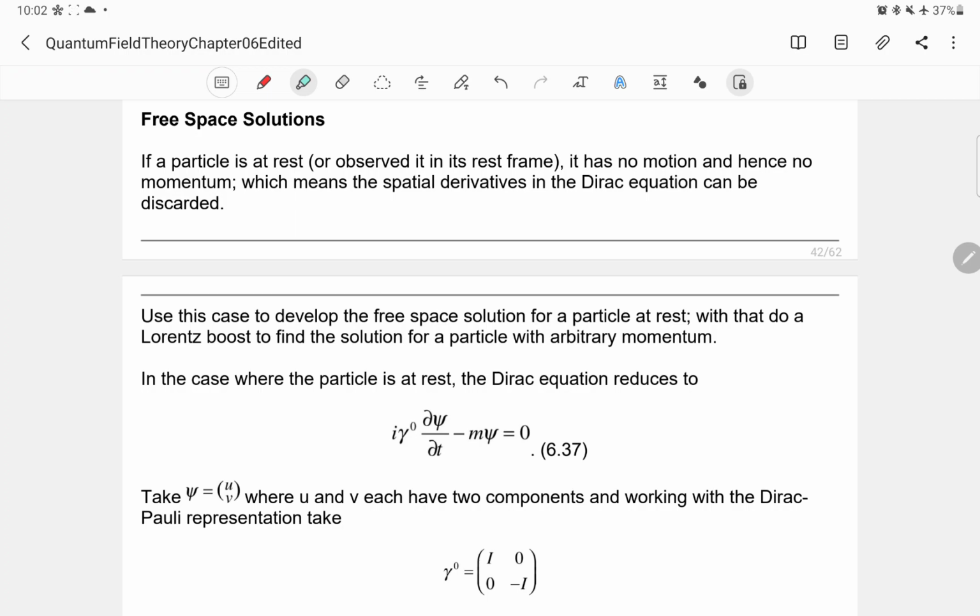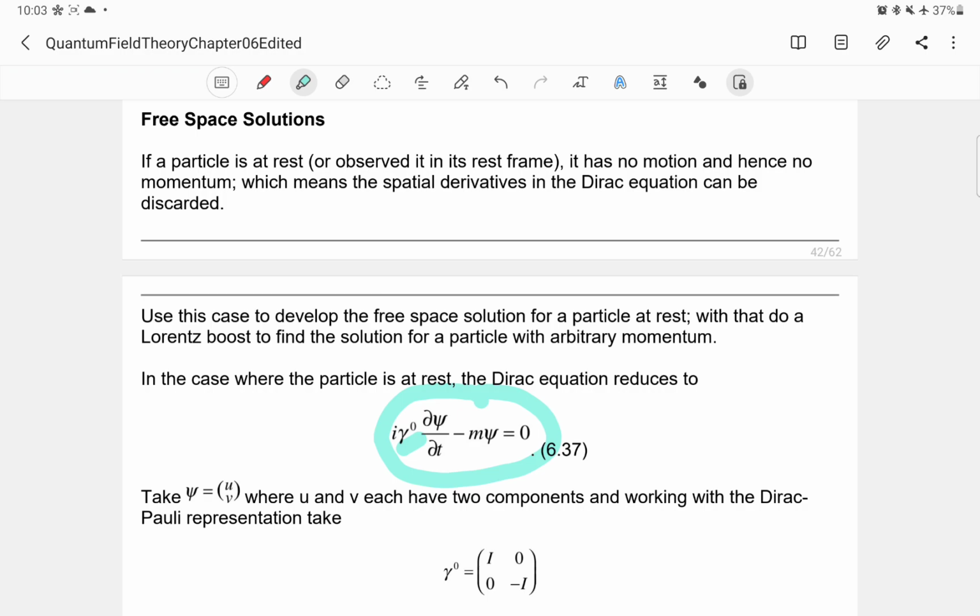We will use this case to develop a free space solution for the particle at rest, and with that we'll do a Lorentz boost to find the solution for a particle with arbitrary momentum. In the case where the particle is at rest, our Dirac equation will be reduced to this one. No more space, only gamma 0. No more gamma 1, 2, and 3.